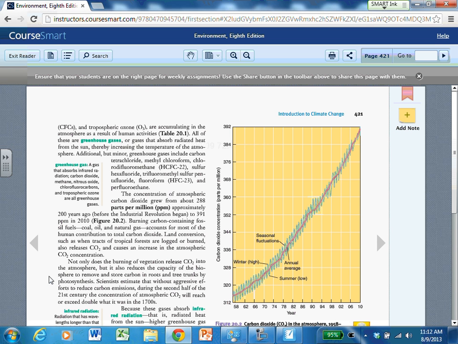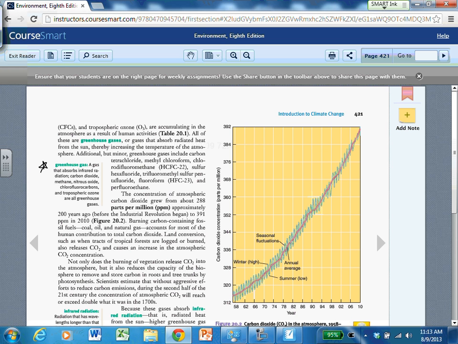And then it says it over on the side too, gives a definition, a greenhouse gas: a gas that absorbs infrared radiation. Carbon dioxide, methane, nitrous oxide, chlorofluorocarbons, and tropospheric ozone are all greenhouse gases.